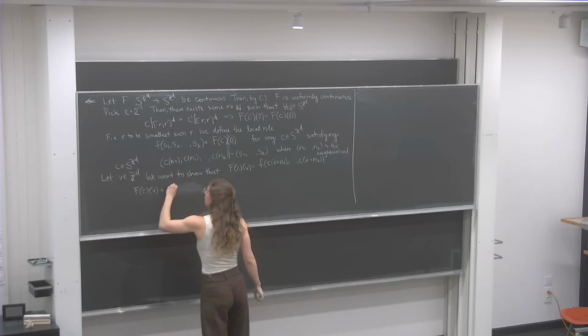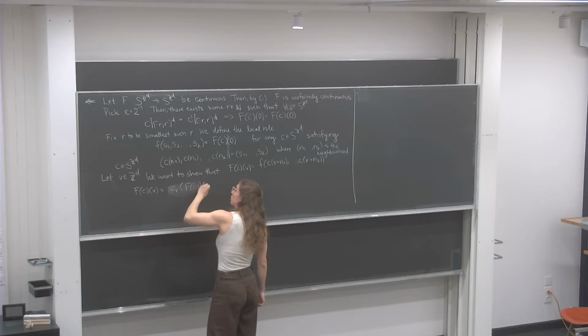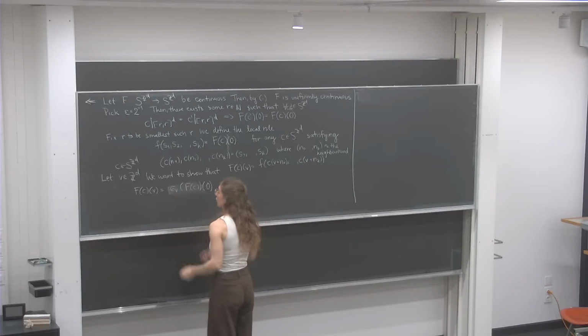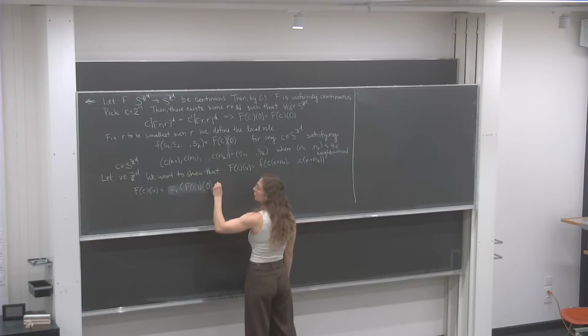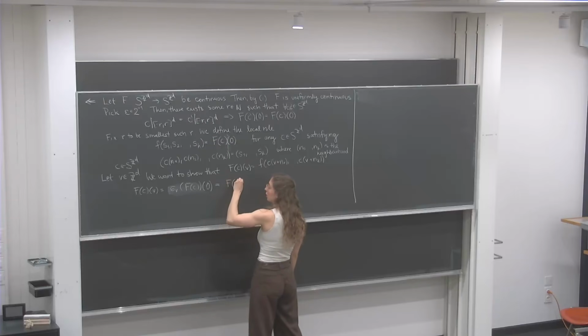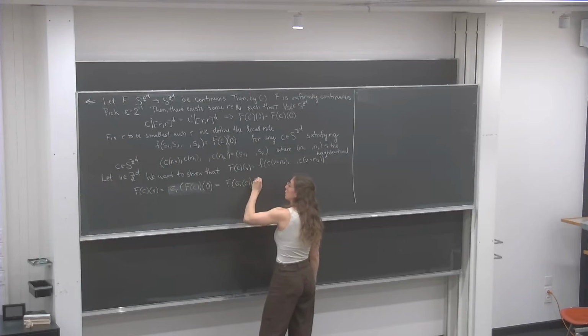It's the same as sigma v of F(C) at position 0. This is just the definition of the shift map. And now we use the commutativity of these two operators. So that's like F of sigma v of C at position 0.